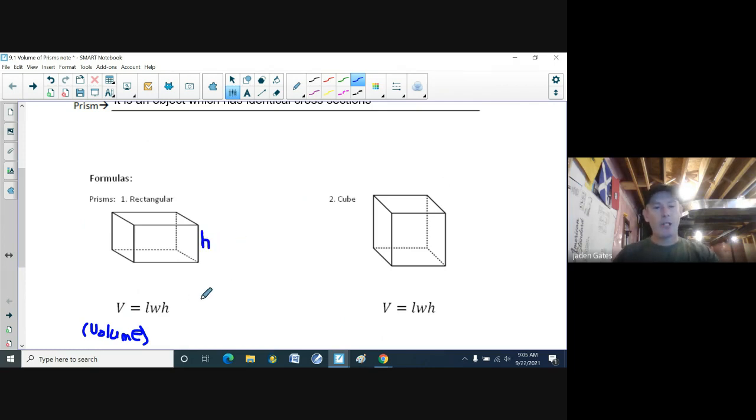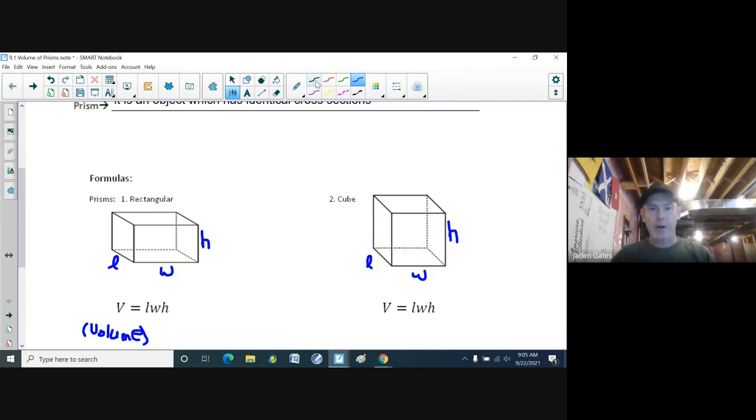When you're talking about length and width, our L and our W, they could be on either side of the bottom. So I'll put the width here at the bottom and our length on the side. The same thing with our cube, where we have our height, our W and our L: length, width, and height.